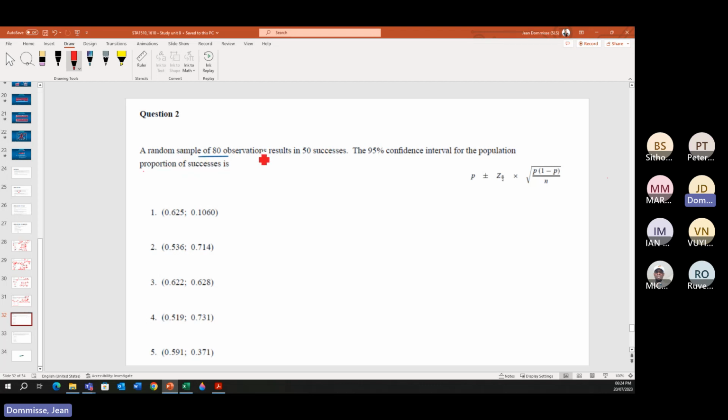Random sample of 80 observations results in 50 successes. So you can work out that the proportion will be 50 divided by 80, which is equal to 0.625.